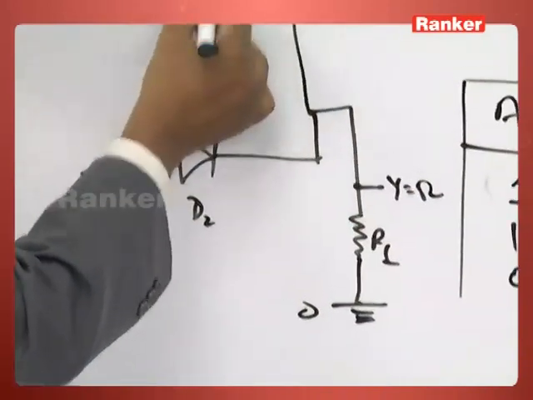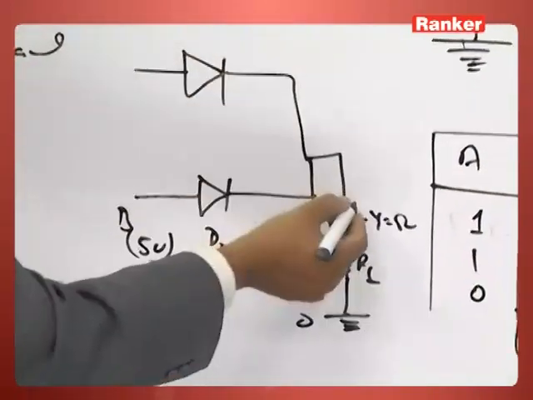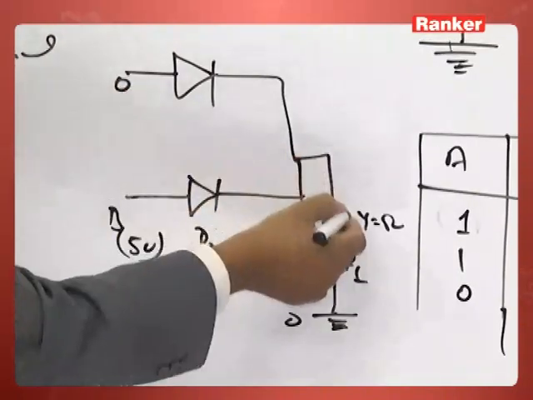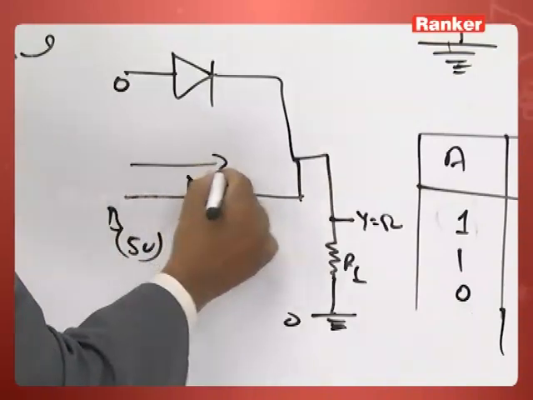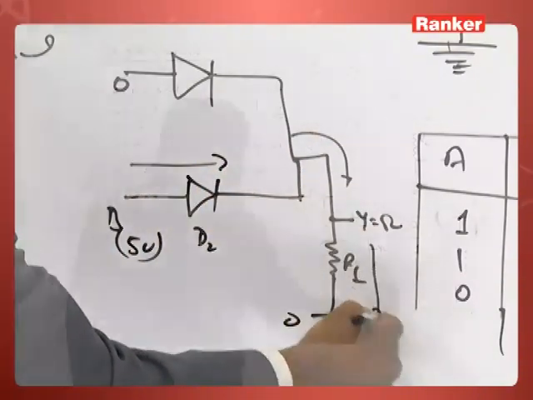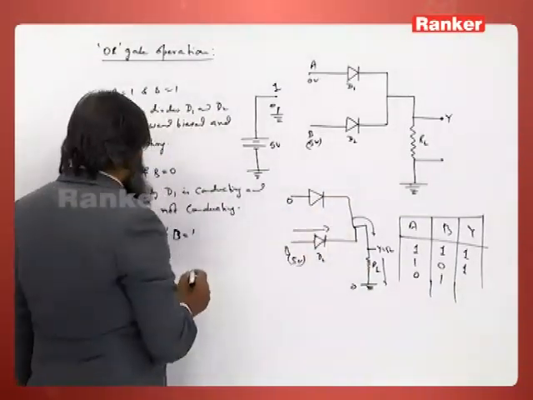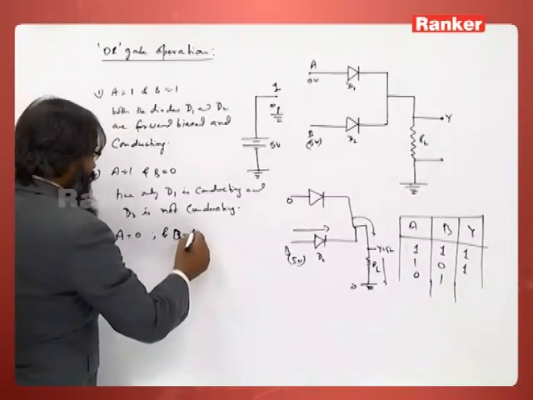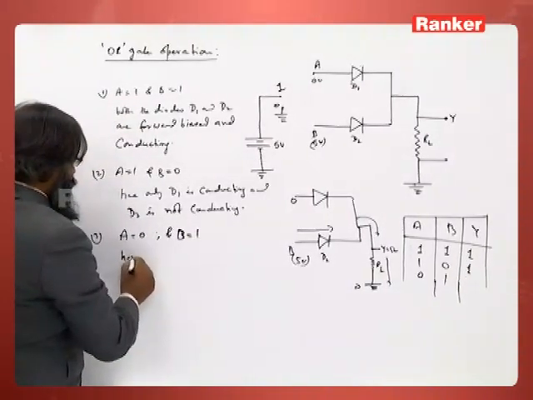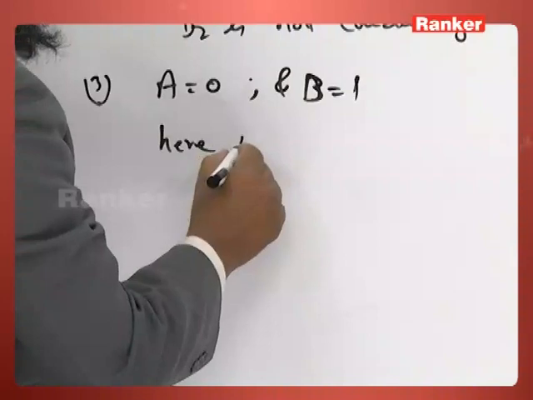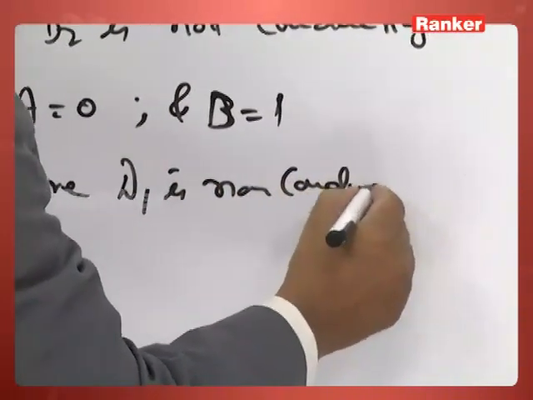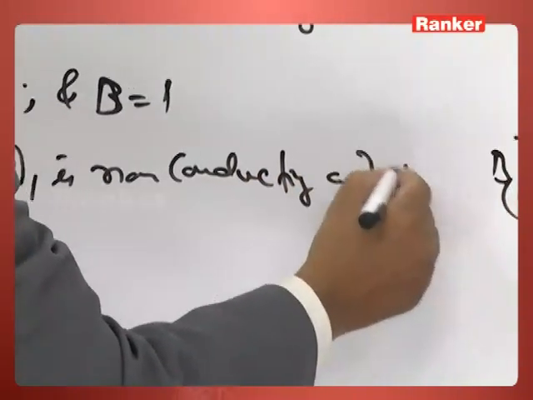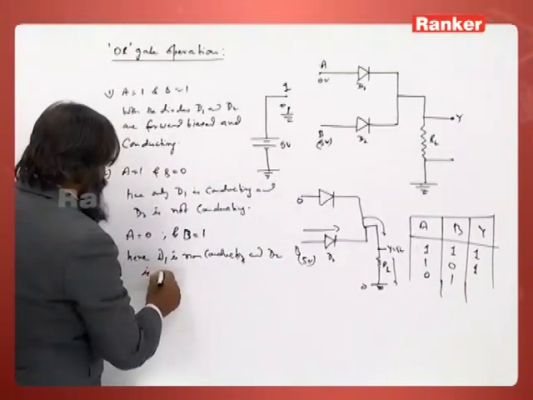Now, let us see what about this. You have 5 volts here and 0 volts here, 0 volts here and nearly 5 volts here. So, it gets reverse biased, no current. Current flows only along this direction, so current does not flow here. So, diode D1 is non-conducting and D2 is conducting.